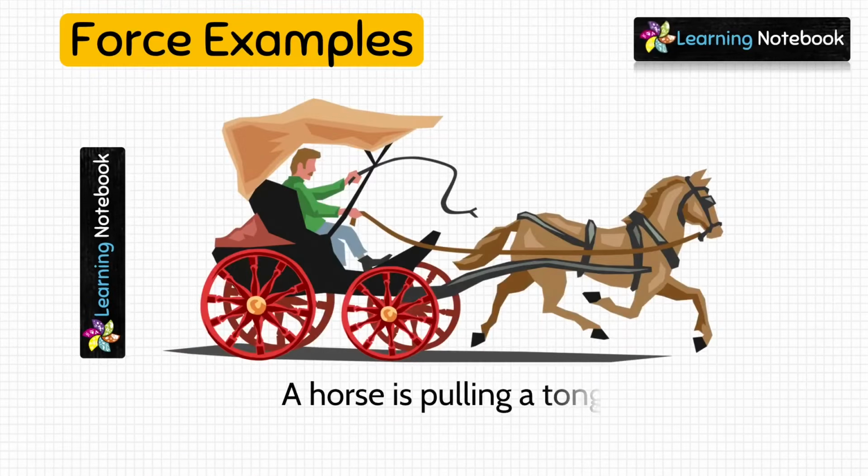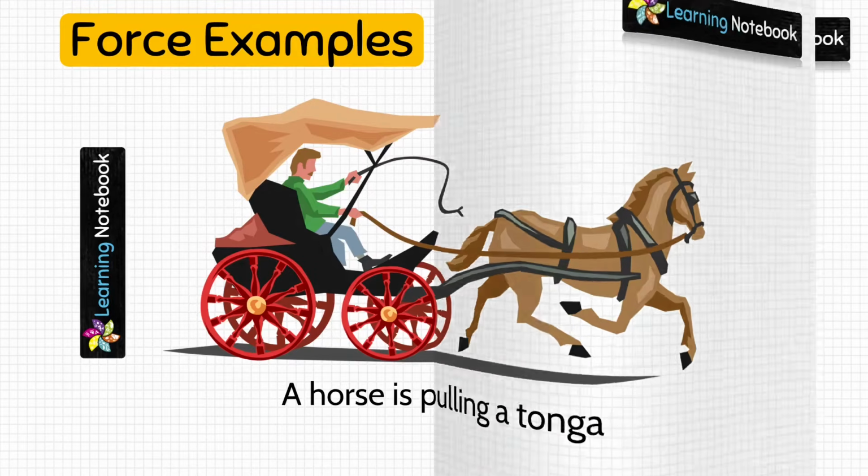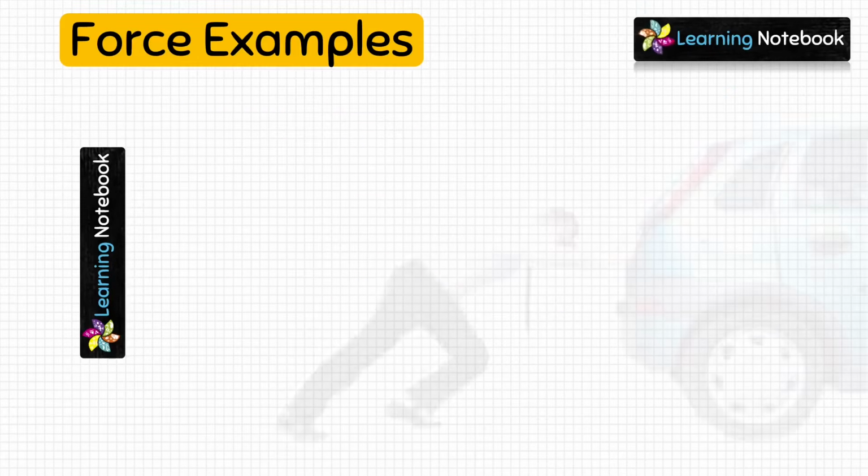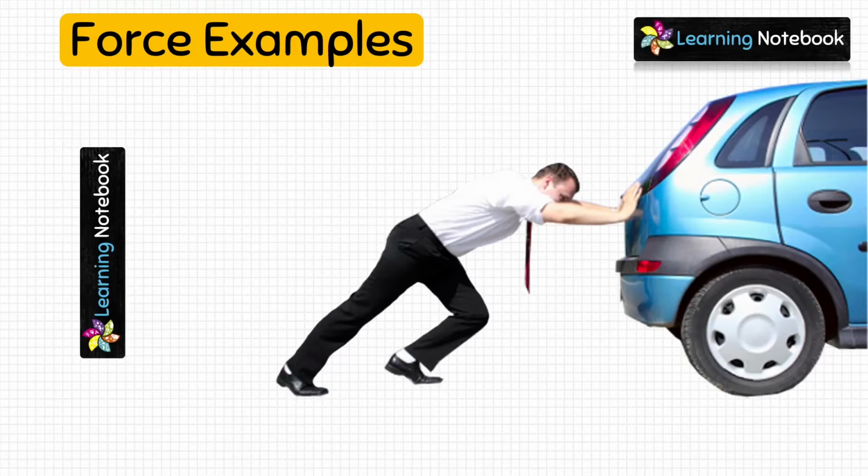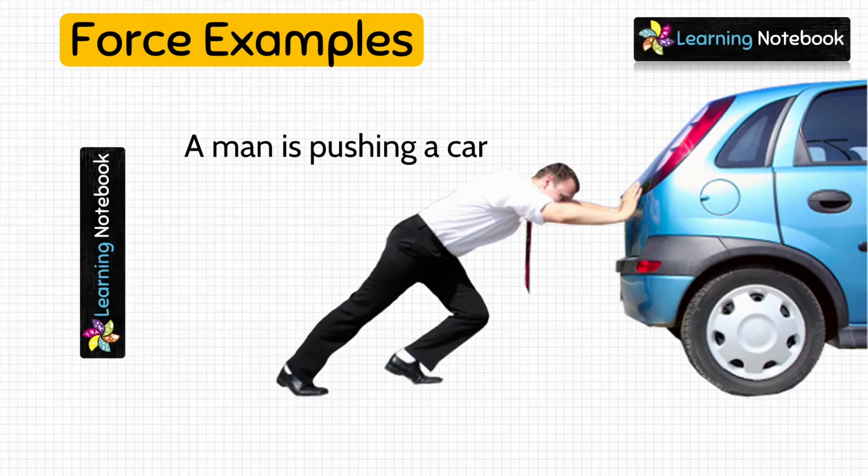Let's see some more examples of force. Here, a horse is pulling a tonga. So this is an example of force. Next example is, this man is pushing a car. That means he is moving the car away from him.